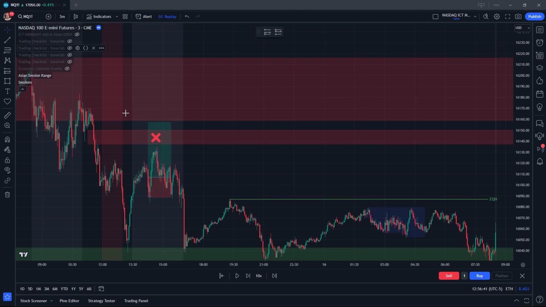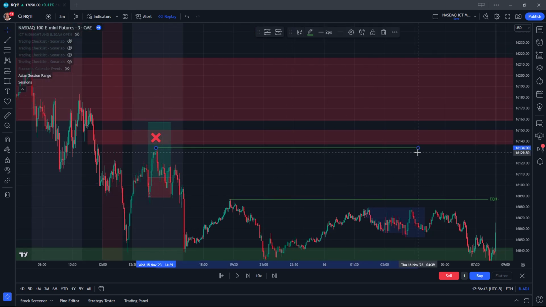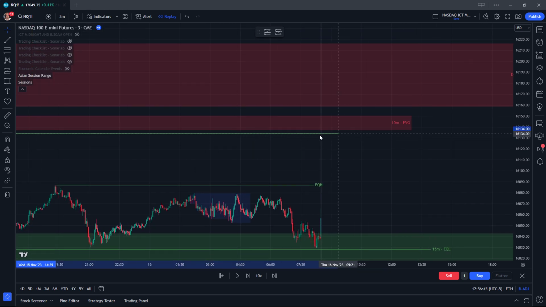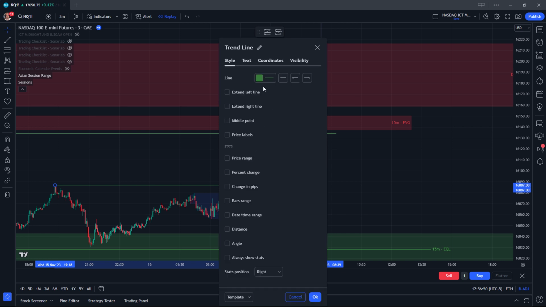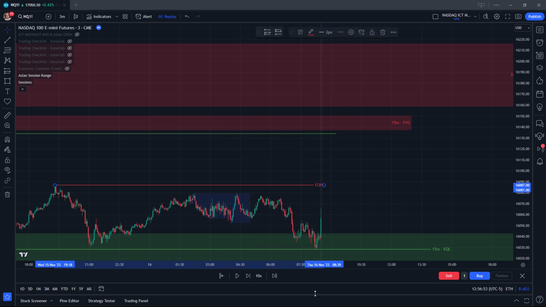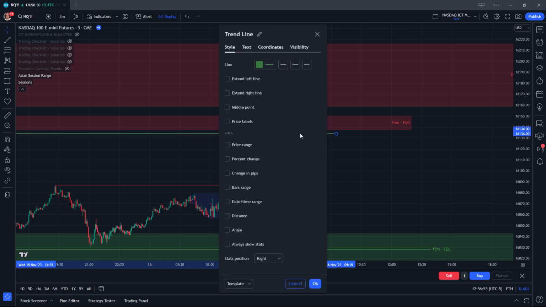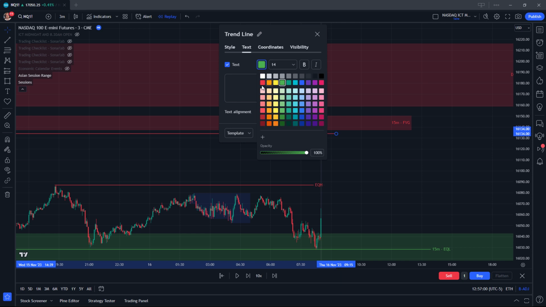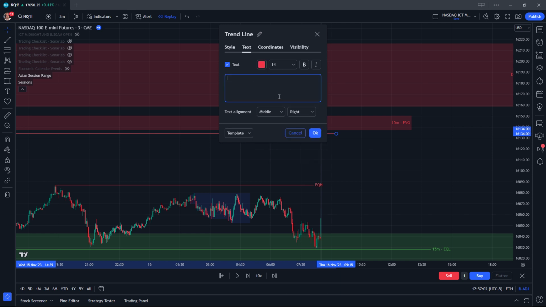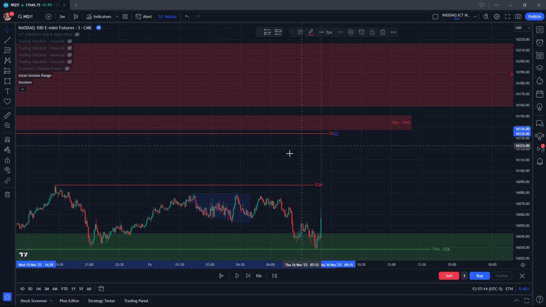We got the PM highs all the way up here, and they're actually quite close to... Oh, sorry, that should be in red, shouldn't it? Sorry, I know this isn't very exciting to watch, but if you ever try trading for real, it's just a lot more difficult than it seems. So that's PM highs. Oh, I'll just call it sell side liquidity, just keep it simple. There we go.